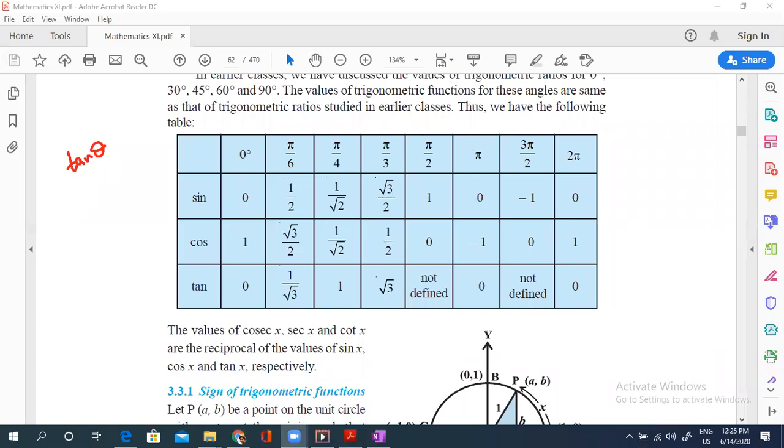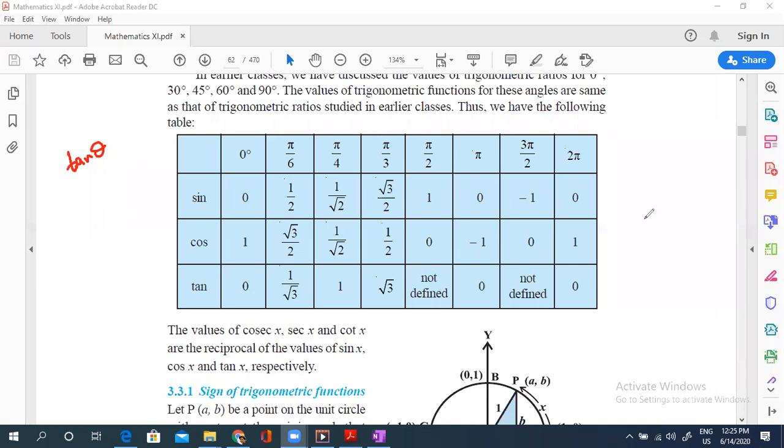You can see the table. Table is visible. Right? See this table, see the value table and tell me what is the range. What do you think? Anyone?